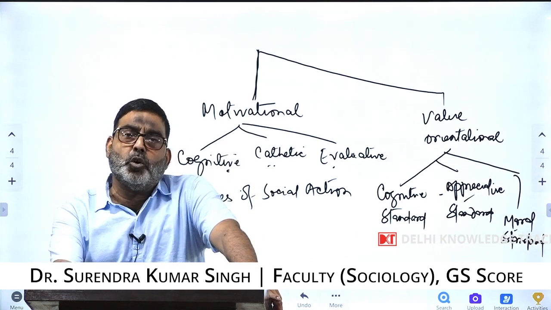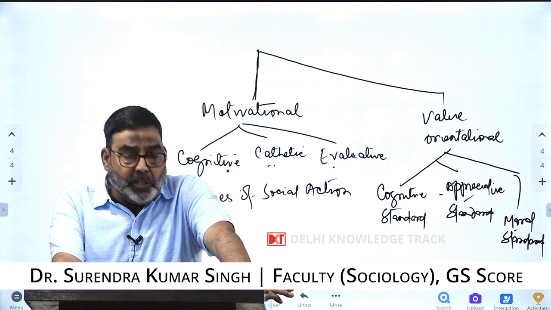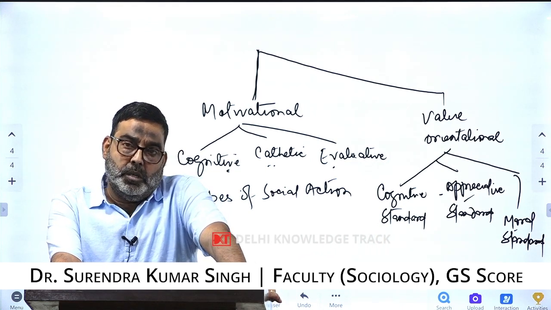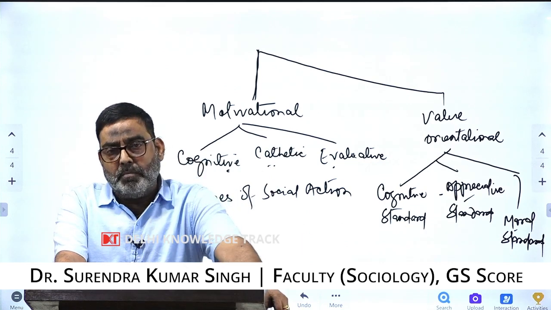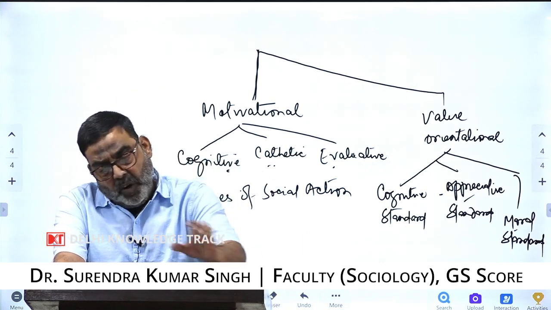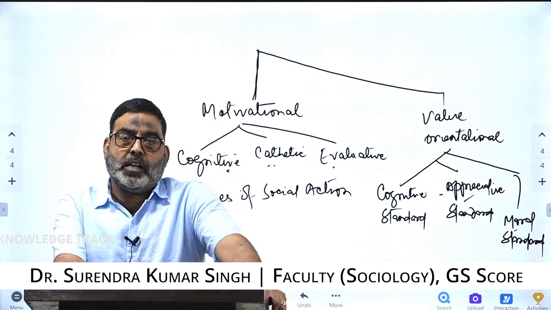However, you also need to know in brief that Parsonian social action creates three systems. When you say the special type of the social action, it means social action creates social system. And once the social system has emerged, social system starts regulating the social action.